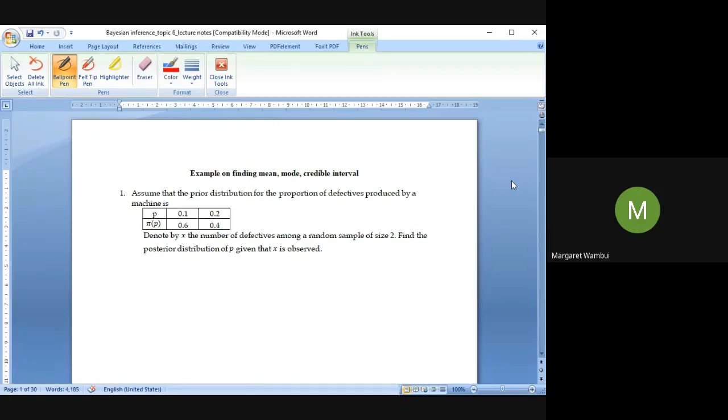But because I intended to give you a CAT which is mixed, both maybe some multiple choice questions and some numerical type questions, then it would be important for us to cover whatever we are going to cover today.